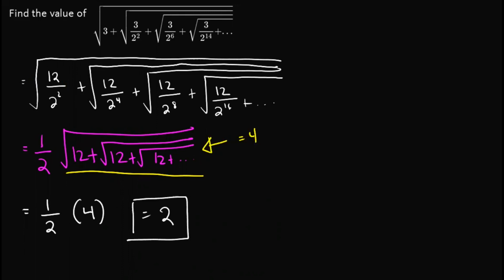So we were able to simplify that complex radical expression into just a single number. So that is how we solve this one. The key is having a good grasp of how radicals work and what happens when, for example, if we have 2 square root of 2, what happens when this 2 goes back inside here.